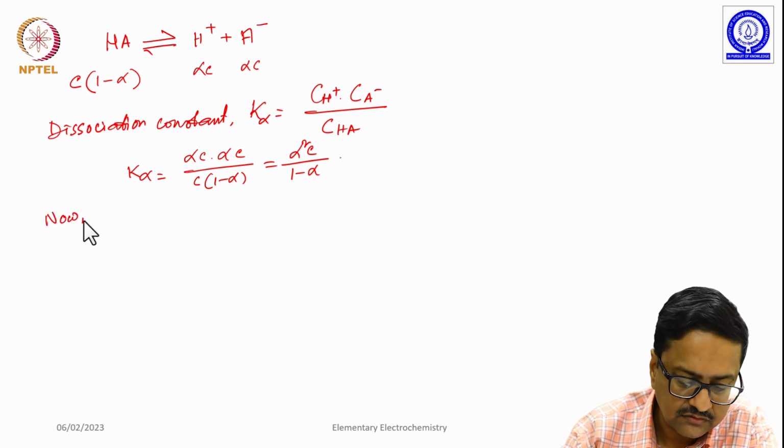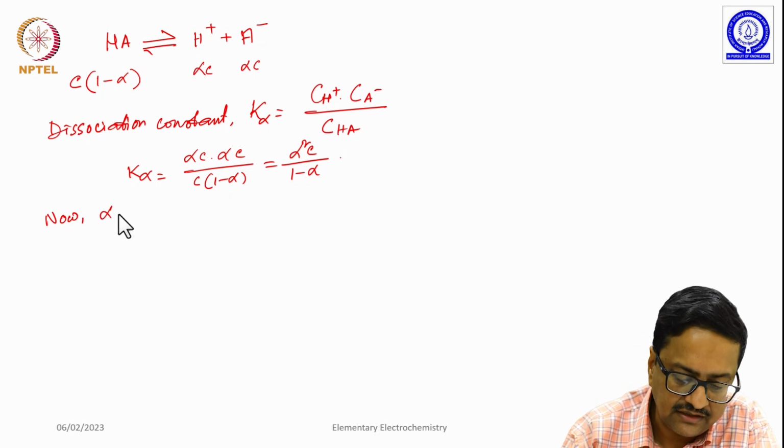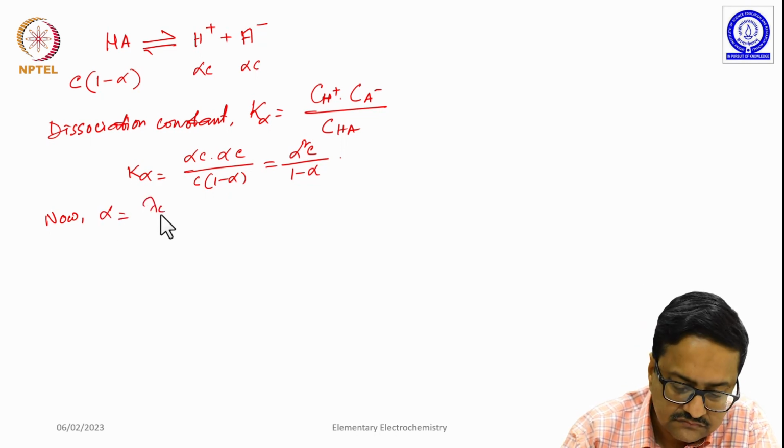Now, in the previous slide we have learned that alpha is equal to lambda C by lambda 0.